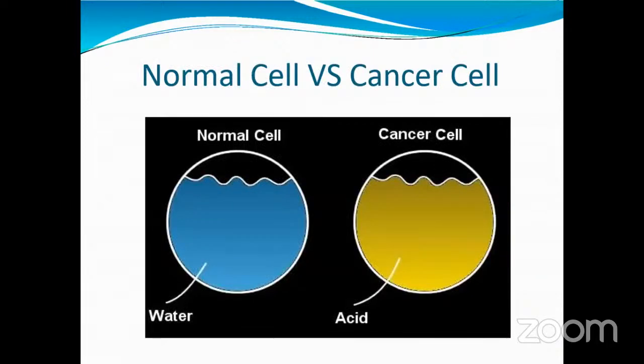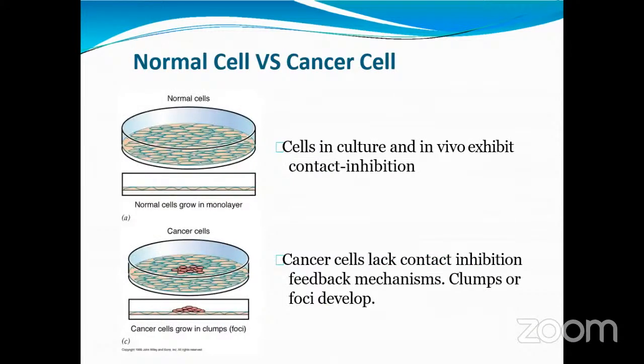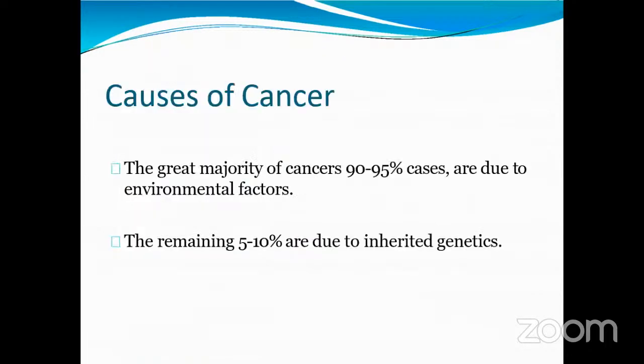Here even the pH will change. Cells in culture and in vivo exhibit contact inhibition, whereas cancer cells won't have any feedback mechanisms and will form clumps and foci.